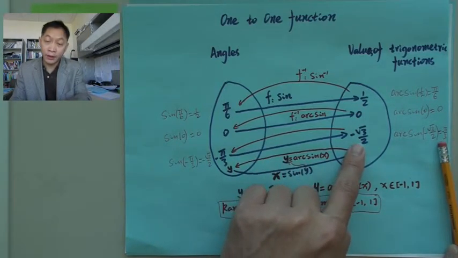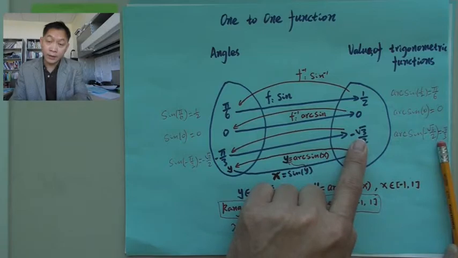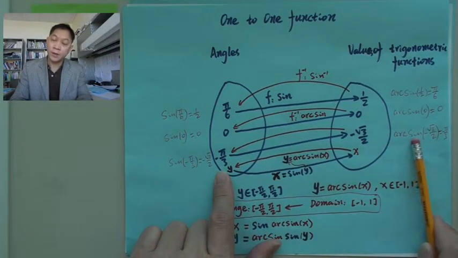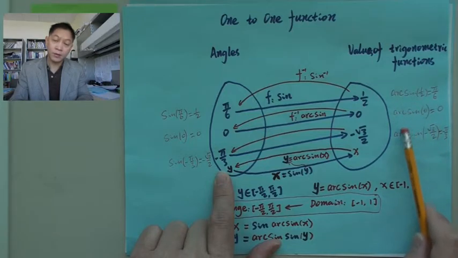So what you do is from this side, the values of trigonometric function, go back to find out the angle. So you can write arcsin. Okay.